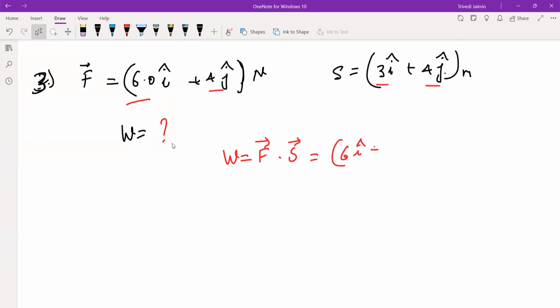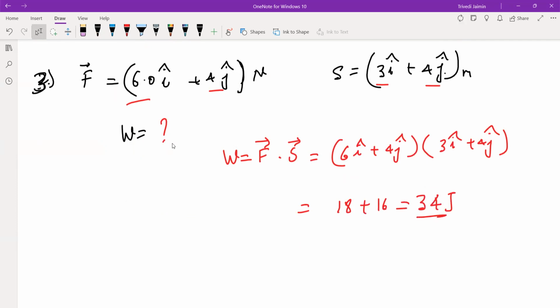Six I plus 4 J dotted with 3 I plus 4 J gives 6 times 3 is 18, plus 4 times 4 is 16, which is 34. 34 joules. That's the dot product. Did everyone get the same? Yes, sir.